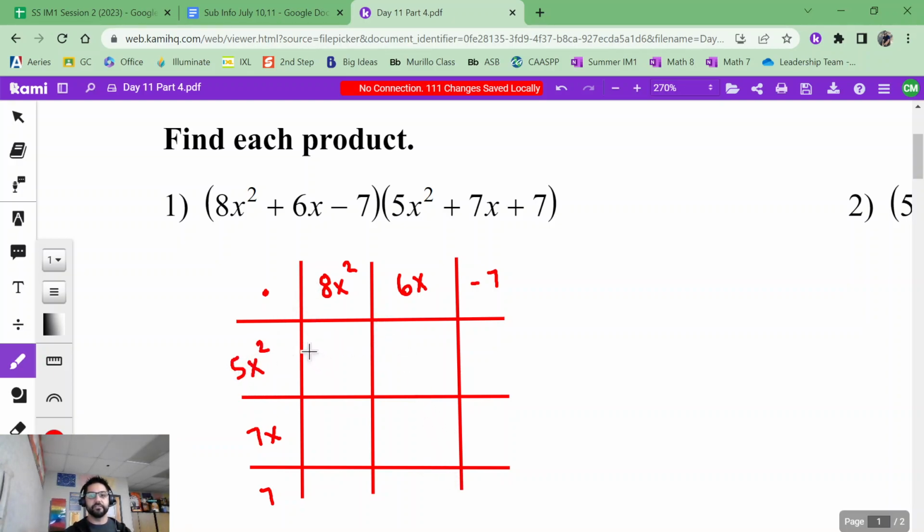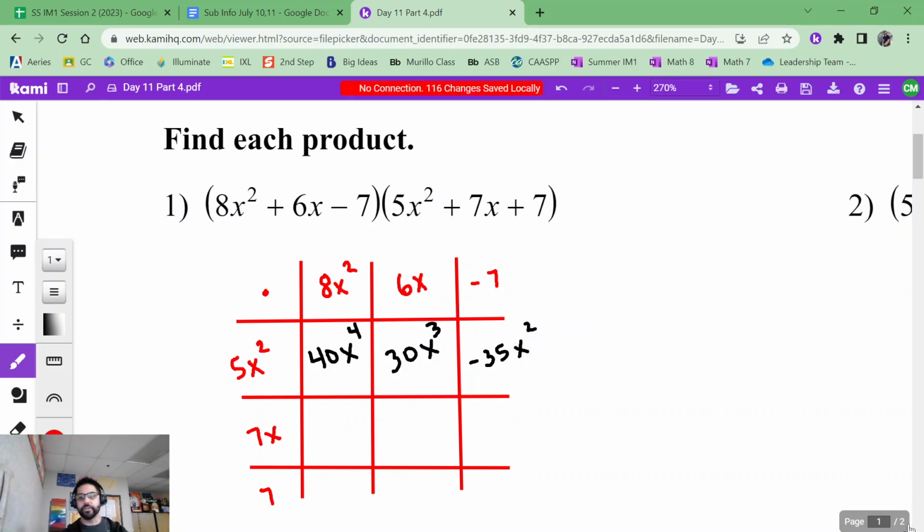5 times 8 is 40. X squared times x squared is x to the 4th. 5 times 6 is 30. X squared times x is x cubed. 5 times negative 7 is negative 35. X squared tags along.